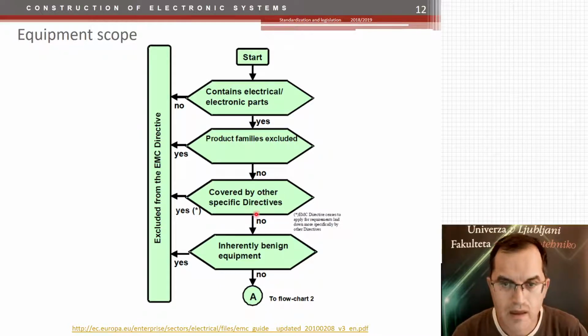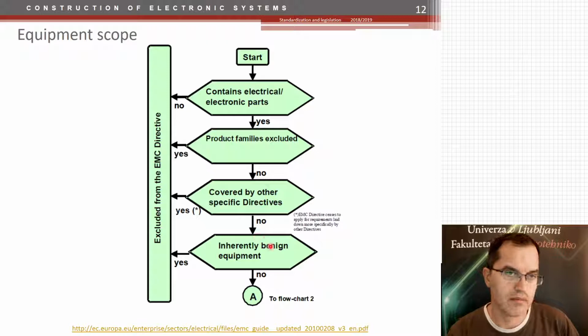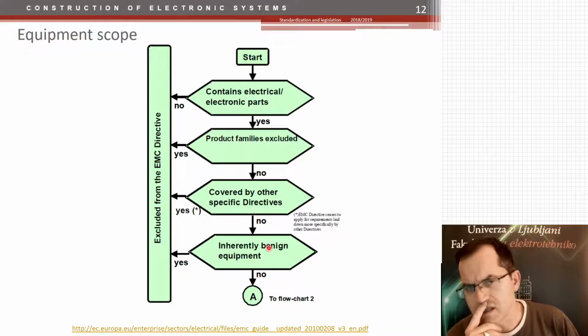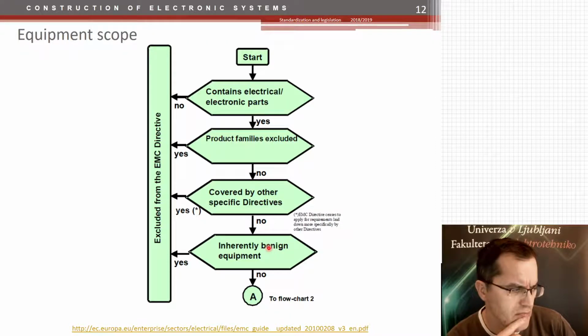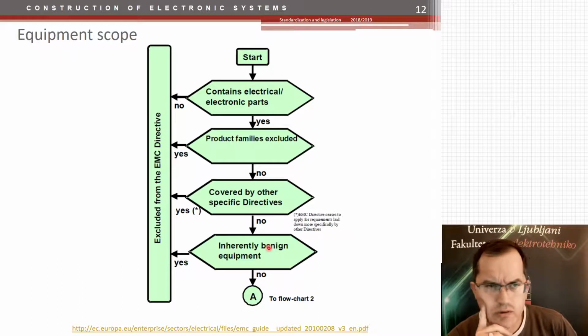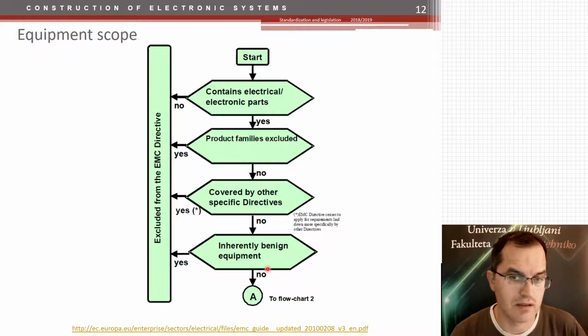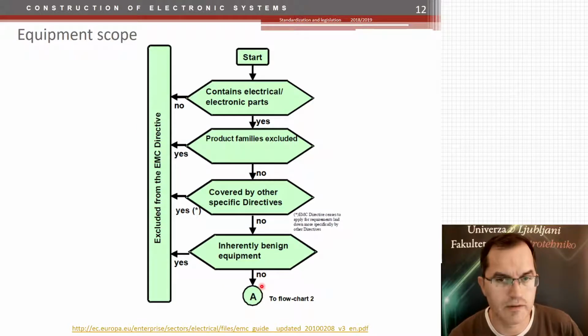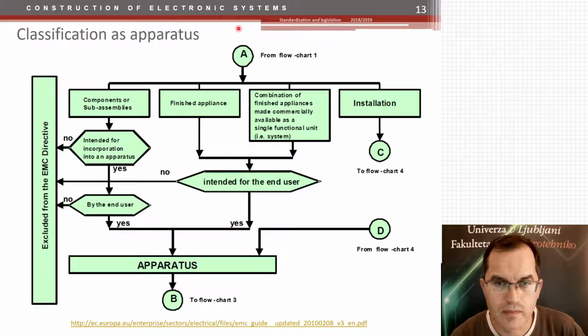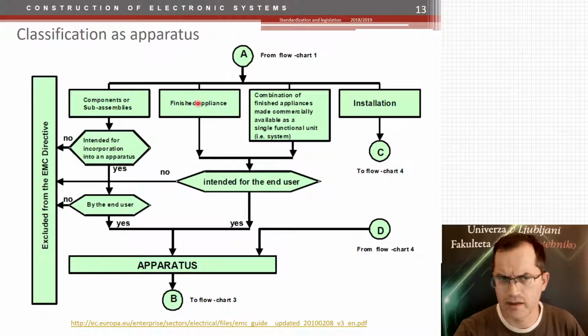All right. Is it inherently benign? Okay, my electronics contains some microcontroller. All right, that would probably be able to radiate some noise. So it's not inherently benign. Okay, let's go further. Is it a finished appliance? What does it mean, finished appliance?